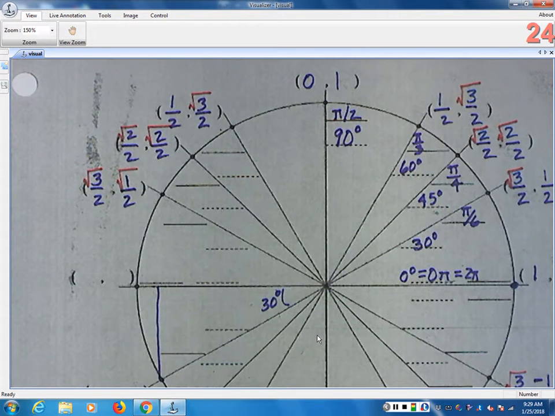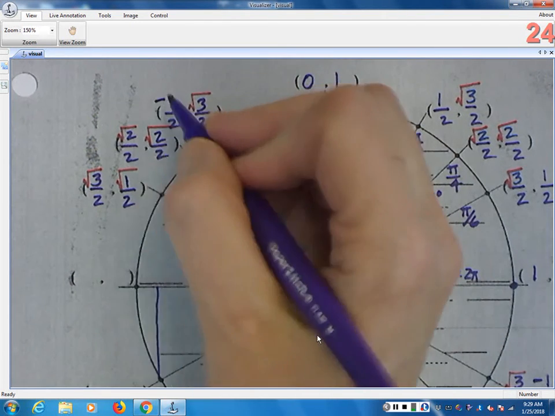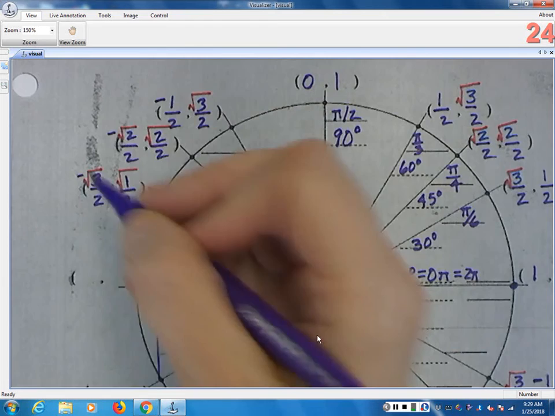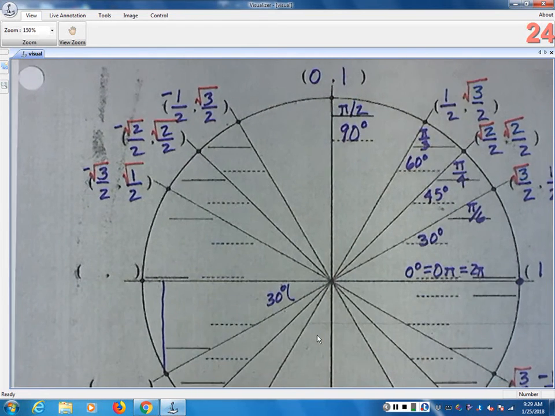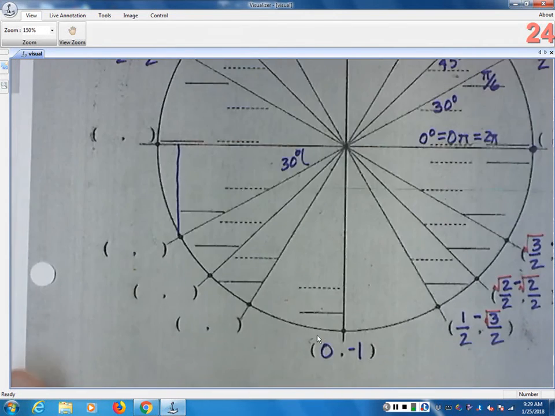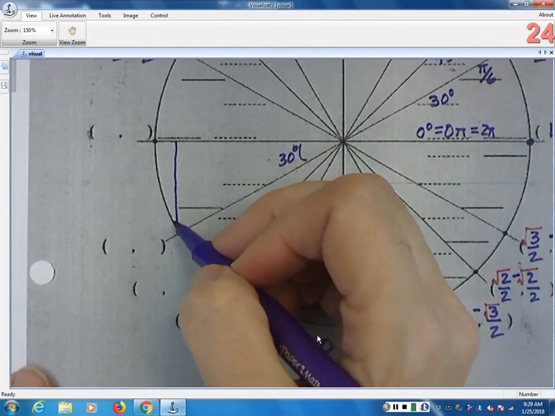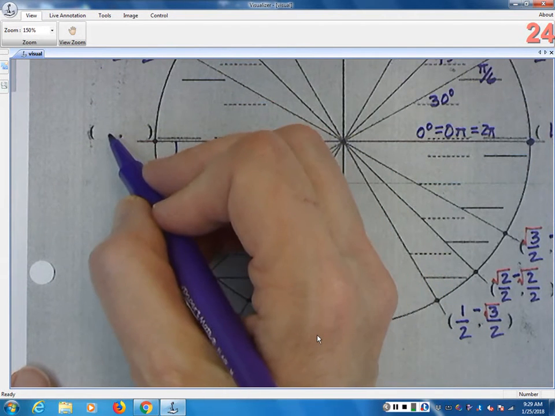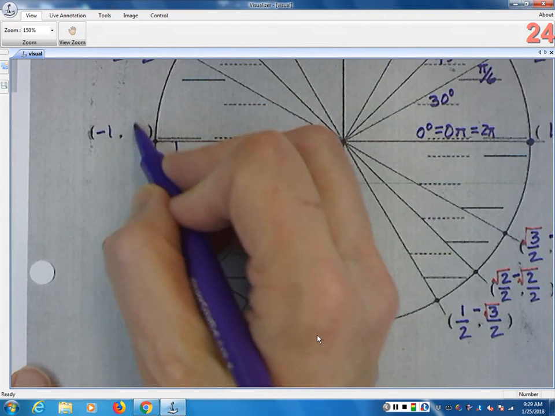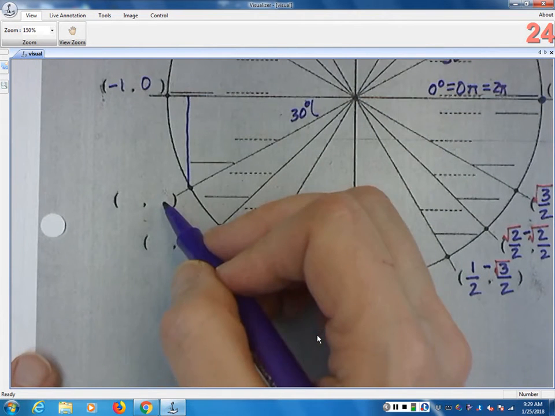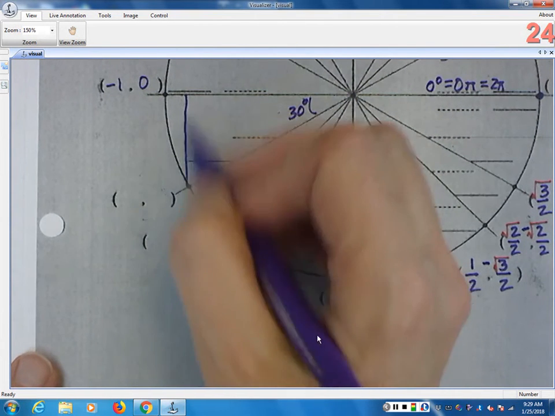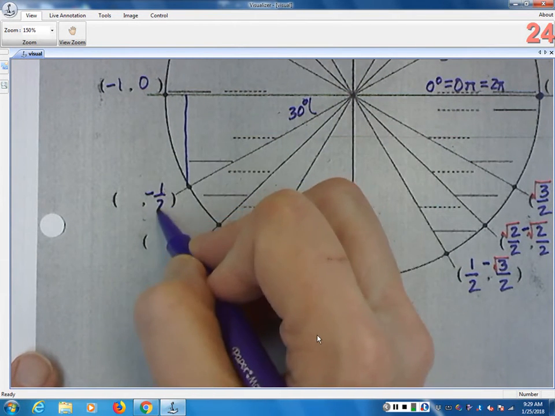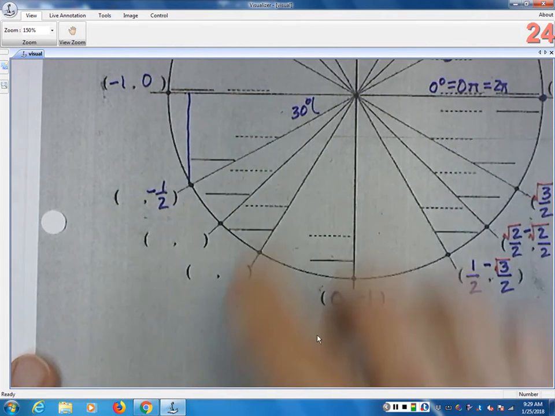And so we're in the second quadrant. So x, the first coordinate, is negative. The second coordinate is positive. So here we're going to have, oh, and this is -1, 0. Here we want our sine to be -1/2, because I know that's a 30-degree angle.